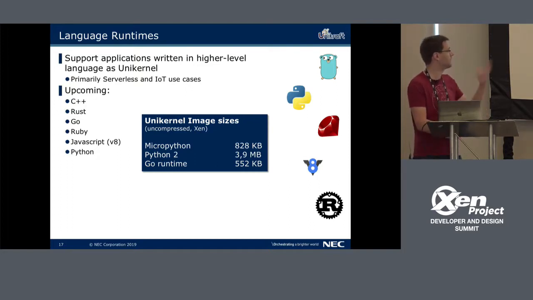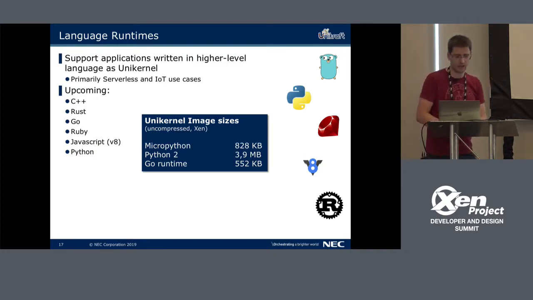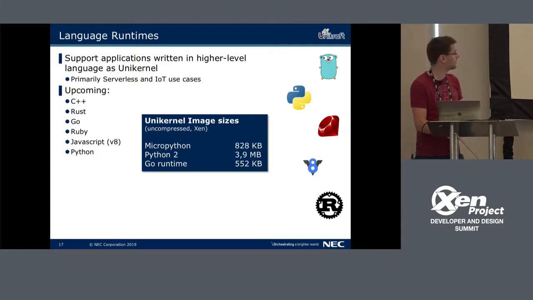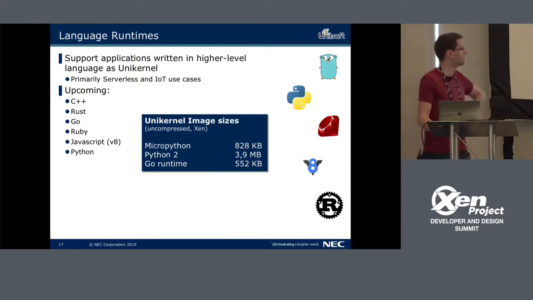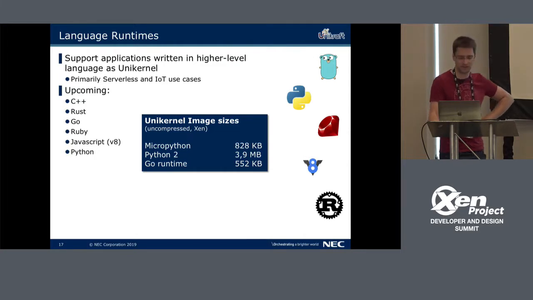There we get a Python environment with Unikraft running for Xen, and this is an uncompressed image of 828 kilobytes. If we use the standard Python 2 environment, this is roughly 3.9 megabytes. And the Go runtime, where the only thing missing is your Go binaries that you link with it, is roughly 552 kilobytes. So I find this quite an impressive low base for supporting other languages.